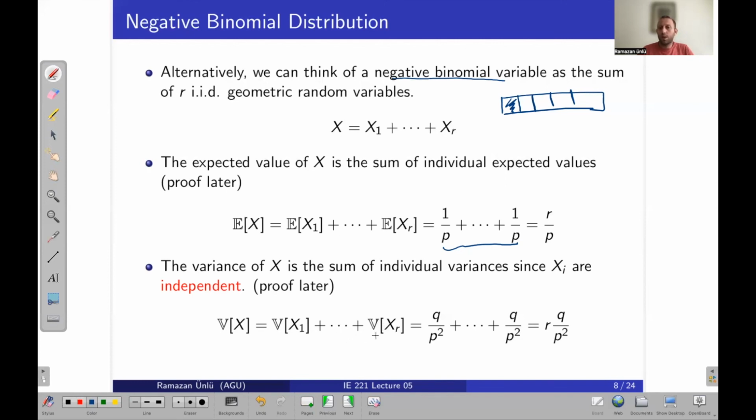We calculated the variance of the geometric distribution in the previous lecture, which was q divided by p squared, and if we sum them r times, we will end up with r times q divided by p squared. So this is the variance of the negative binomial distribution.